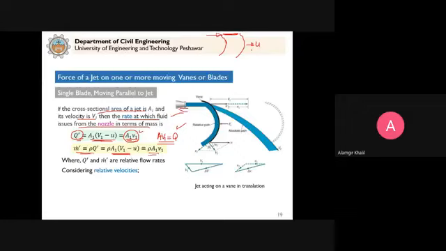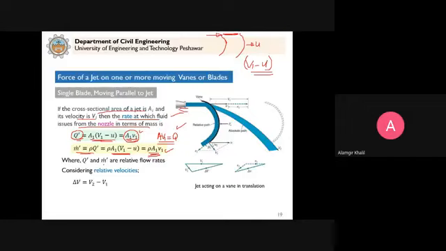And what is the remaining that will hit? V1 minus u. Clear? So this will be the discharge that will hit. So this you have to use in the equation, V1 minus u or small v1. Clear?